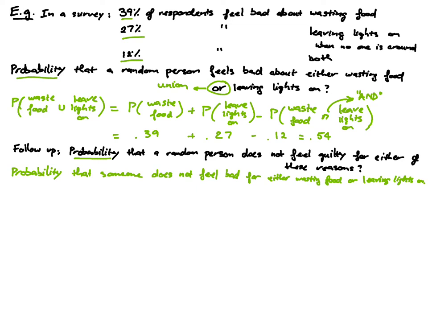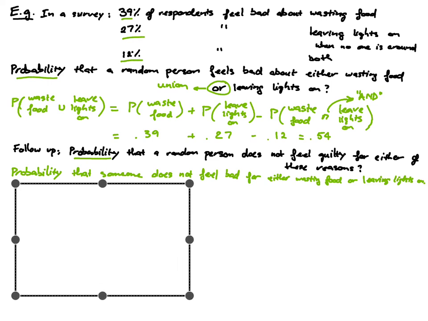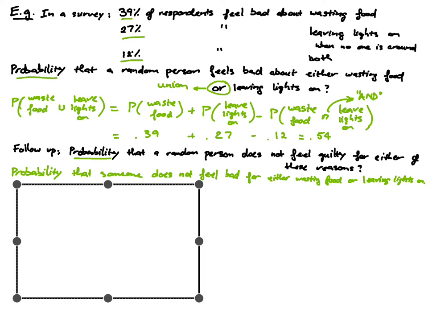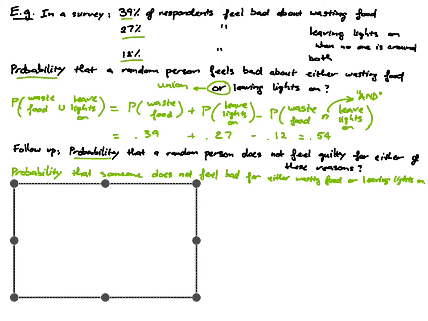And I think that the best way to approach this problem is to look at a Venn diagram. So suppose I have my Venn diagram, and then I have this circle that represents the people who feel bad about wasting food.